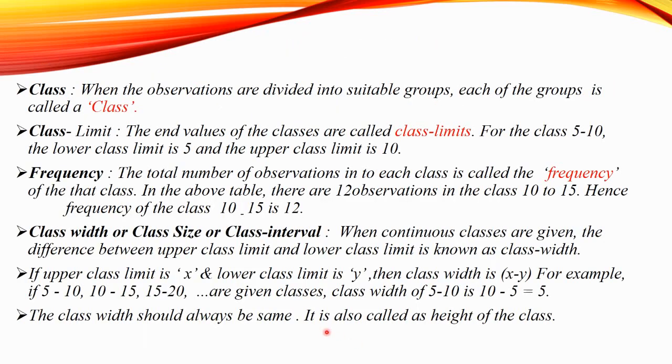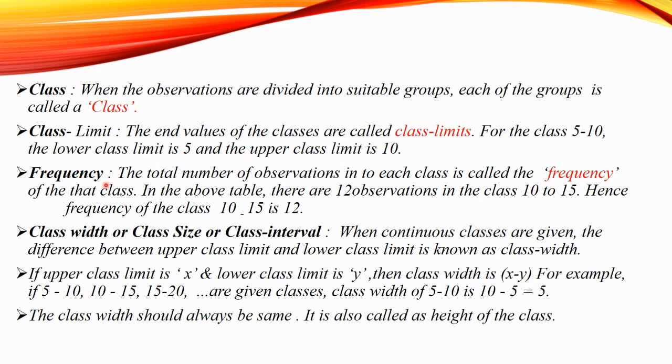Now what is a class? When the observations are divided into suitable groups, each of the groups is called a class. Class limit: the end values of classes are called class limits. For the class in the previous example, 5 to 10, which was the first row, the lower class limit is 5 and the upper class limit is 10.